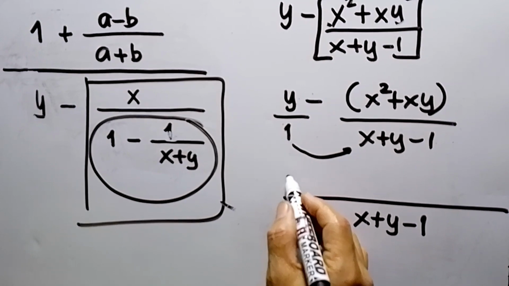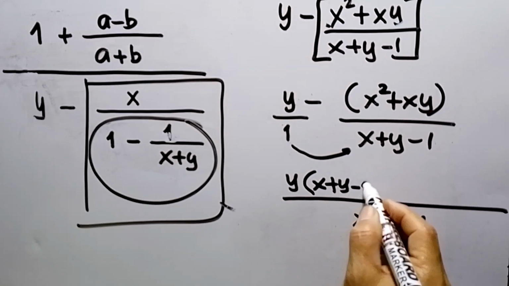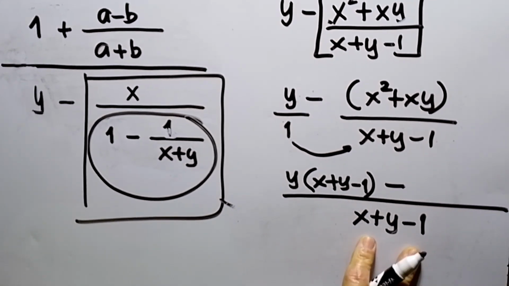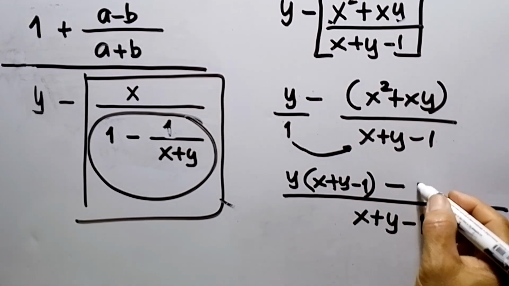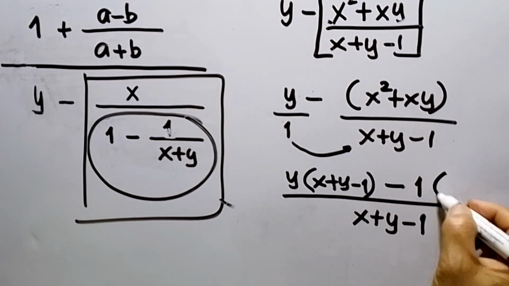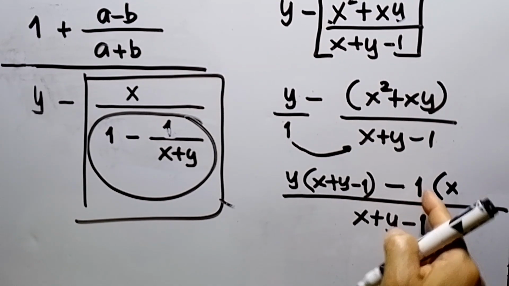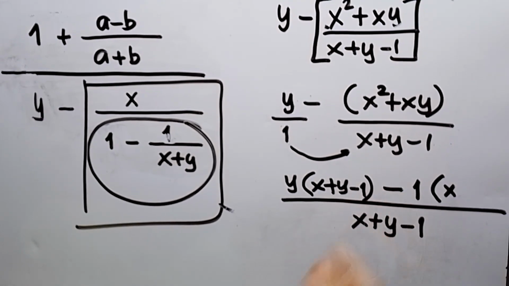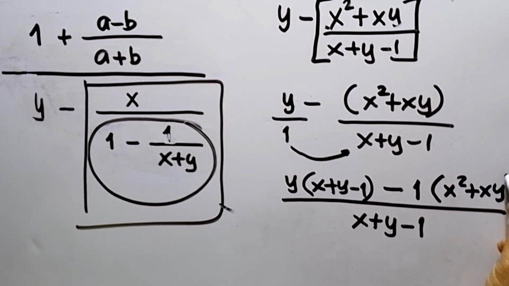So I have y times my LCD, x plus y minus 1, and then minus this one, my LCD divided by the second denominator, so that will be 1, and then multiply by the numerator. I need to put the round brackets for this operation because this is subtraction. So this will be x squared plus xy.